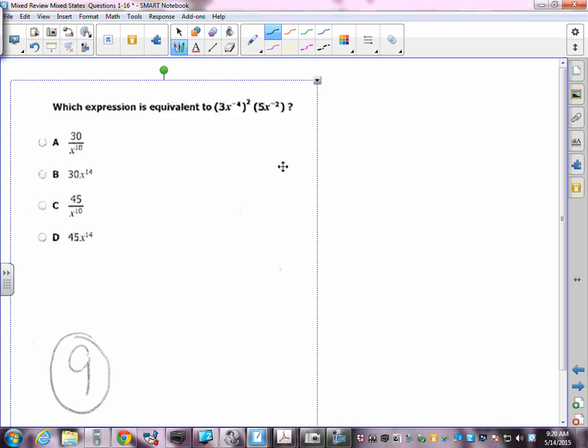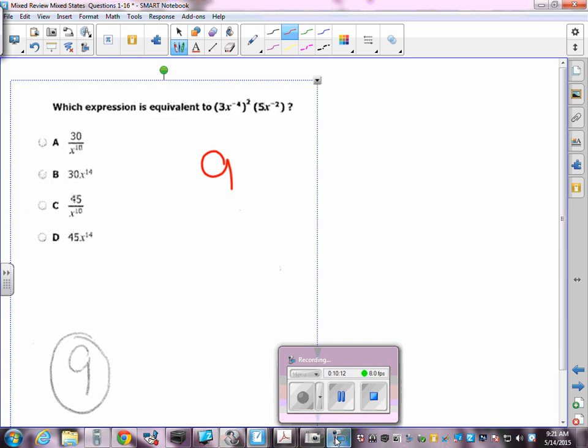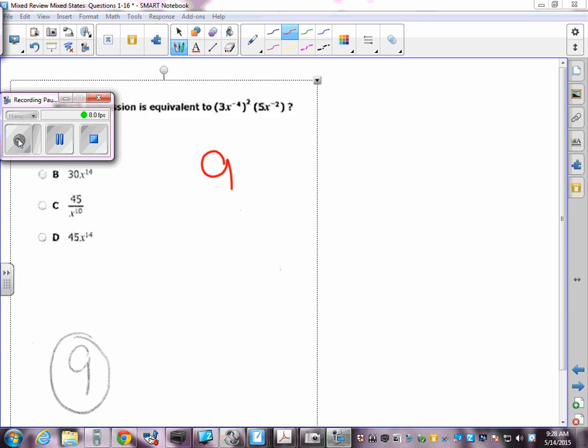Let's look at this one. These were laws of exponents, and we are raising, first of all, a power to a power. All right, and let's think, okay, 3 to the second would be 9, and we're going to have to pause our video for a second.